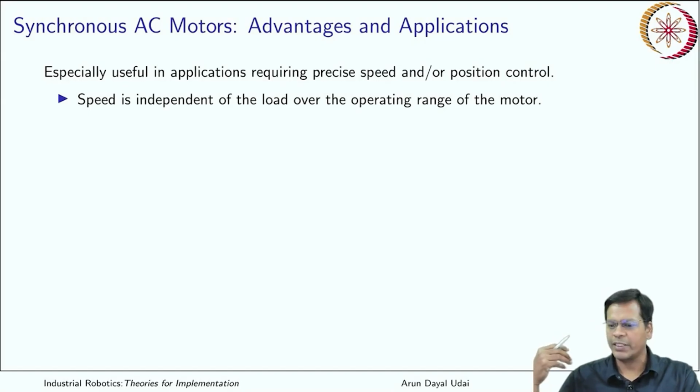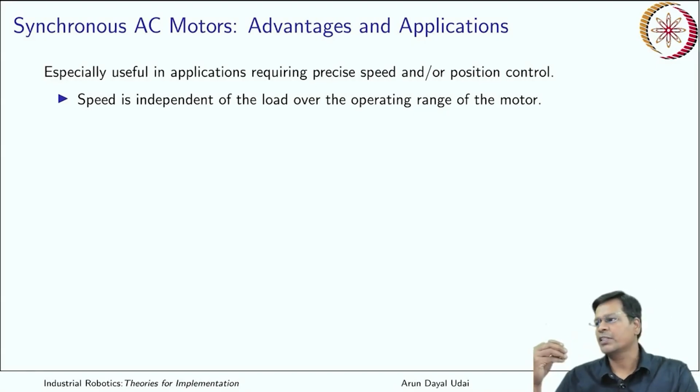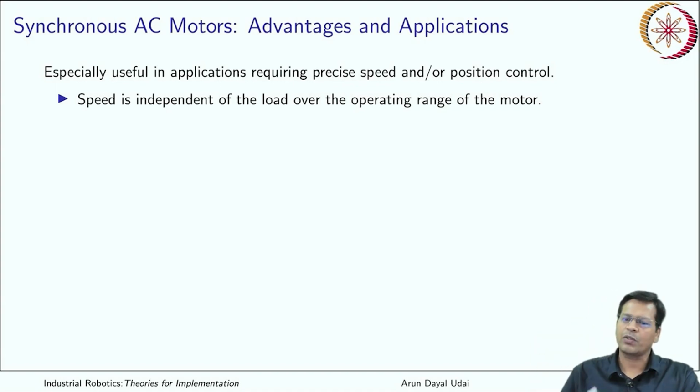If you have pre-calculated it well, you know how much torque is going to come, it is not going to slip over torque. It will simply follow the speed at which you are supplying the frequency of the AC supply that is fed out of your variable frequency drive. So your rotor will rotate exactly at the frequency desired by the variable frequency drive. Yes, it is independent of the load.